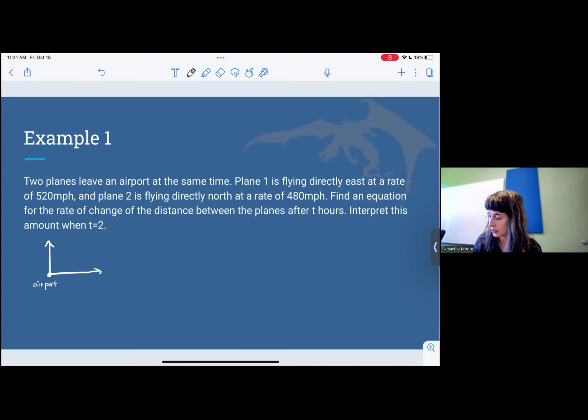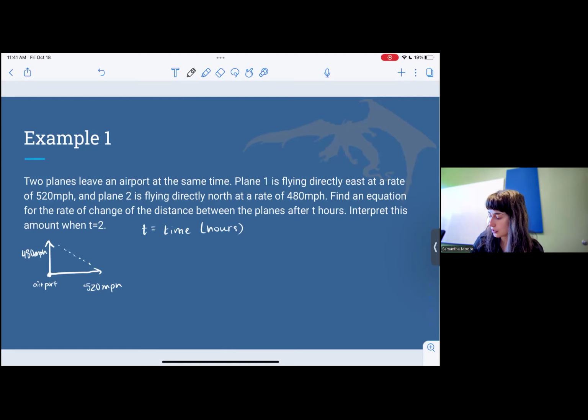And plane one is going this way at 520 miles per hour, and plane two is going this way at 480 miles per hour. And then the question was about the distance that's between my planes. So it seems like the relevant variables: t is going to be time, measured in hours.